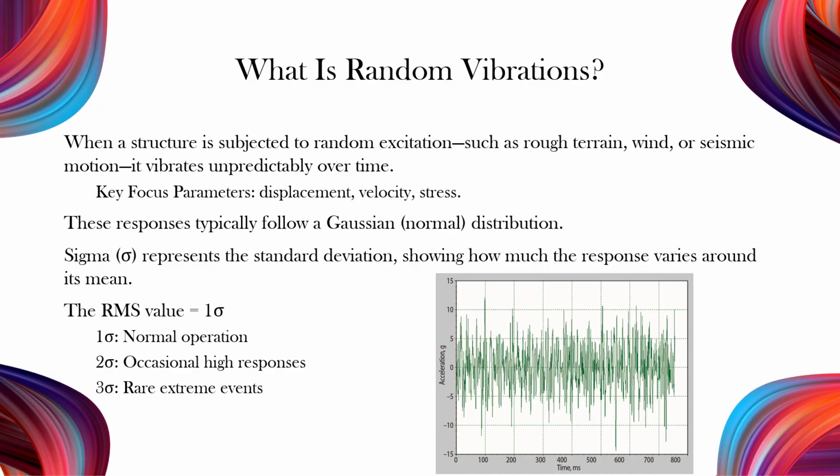In this distribution, sigma, or standard deviation, represents how much the response varies around its mean. The root mean square value, RMS, corresponds to 1 sigma. By evaluating responses at 1, 2, and 3 sigma levels, engineers can estimate typical vibration amplitudes and rare extreme conditions, ensuring safe and reliable designs.